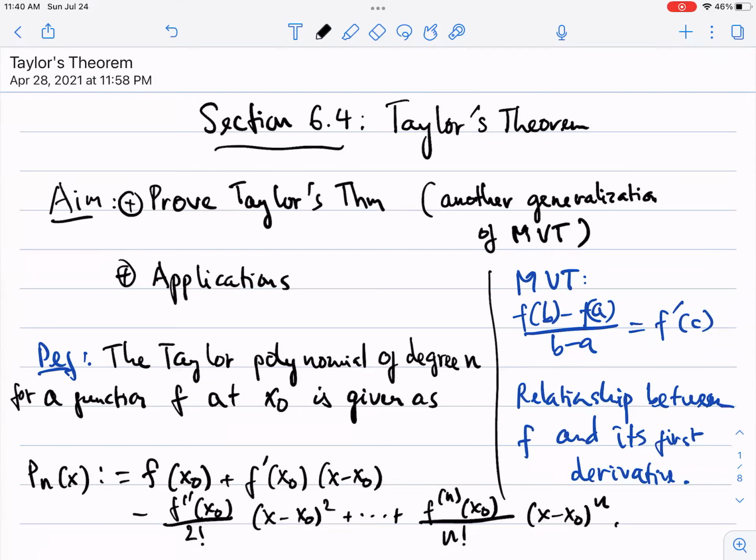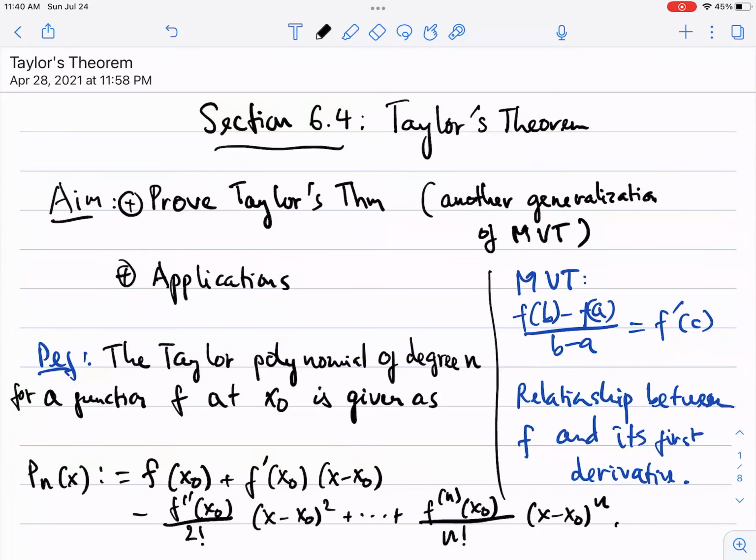The Cauchy mean value theorem has that enormous power to lead into the L'Hopital rules, which are a very, very useful tool to determine the limit of a function. Today, we discuss another generalization of the mean value theorem.